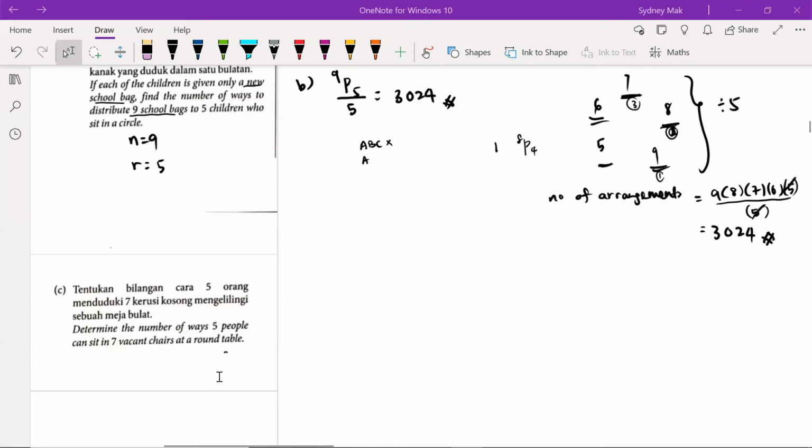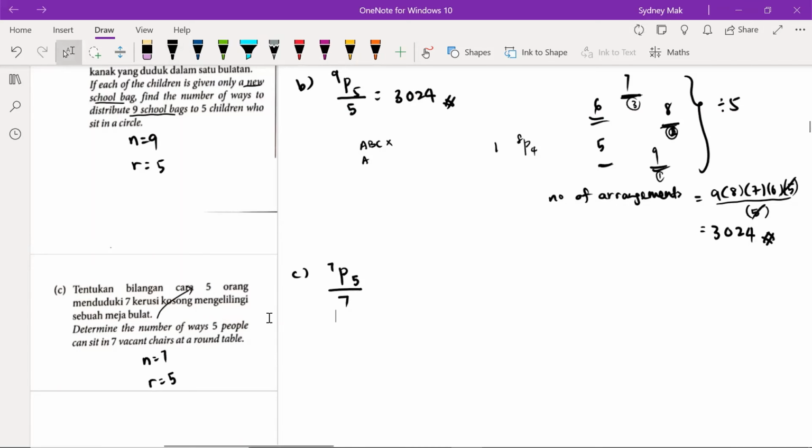For part C, it is different from A and B. Over here, we have more vacant chairs than the people who want to sit. In this case, we will still use the formula, n equals 7 and r is 5, where the chairs go to the people. So we have 7P5. However, we are not dividing it by 5; we have to divide by 7 because we have 7 seats there.